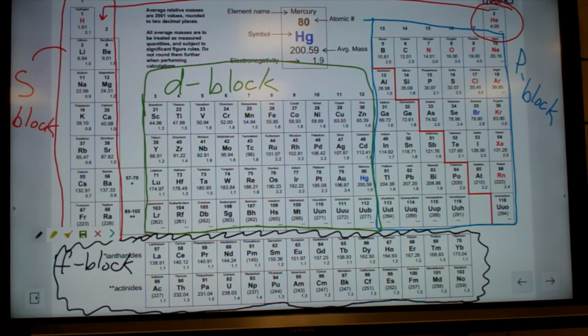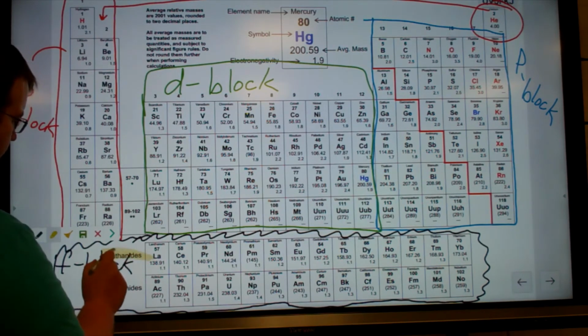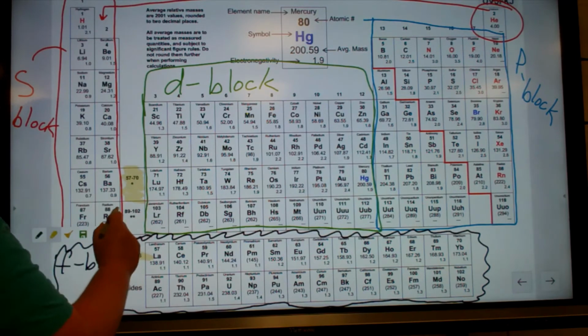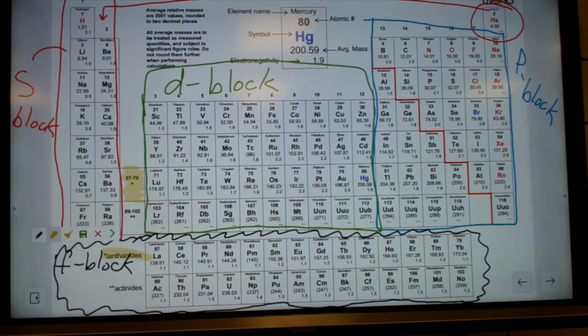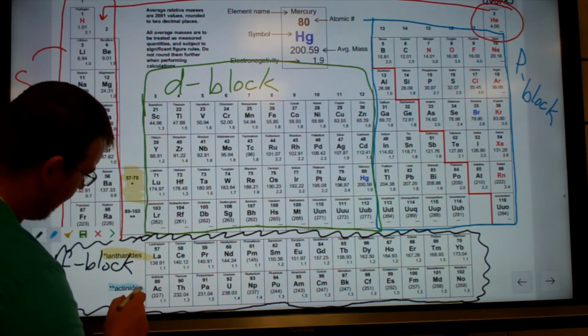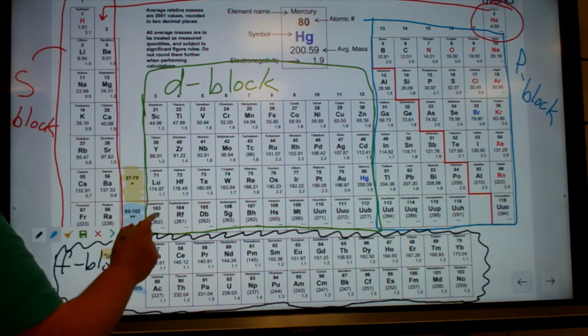Now here's the thing with these. These lanthanides actually fit right here in this periodic table. That's truly where they should go. And the actinides down here should fit right there actually.